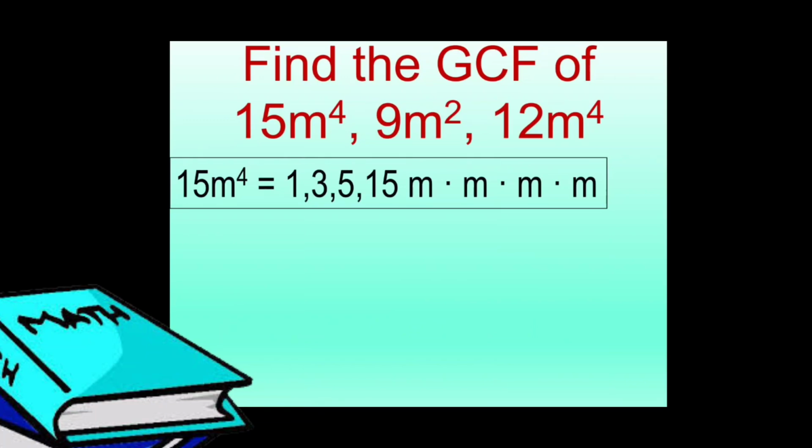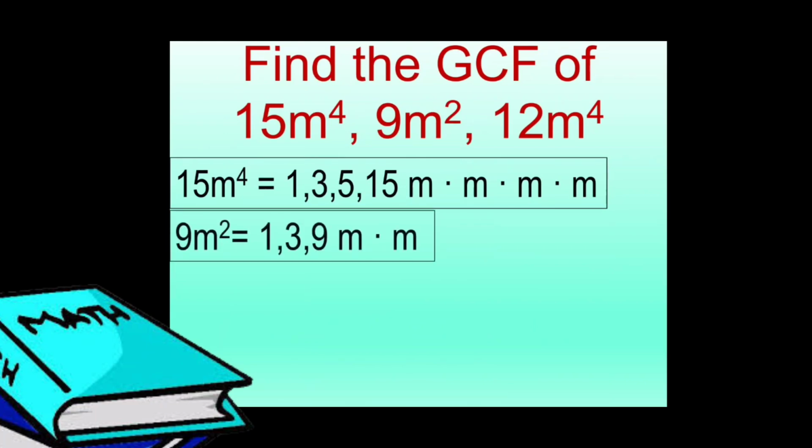So the factors of 15m raised to the fourth power are 1, 3, 5, 15, m times m times m times m. So m raised to the fourth power means that m is multiplied 4 times. How about 9m squared? The factors are 1, 3, 9, m times m.